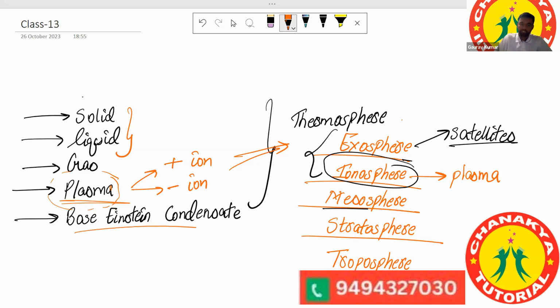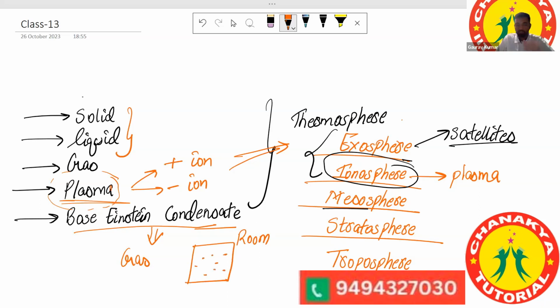There is Bose-Einstein condensate also, but let me give you a glimpse. Let's say there is some gas, and there are very few particles of this gas in a room. I have very low concentration of this gas.